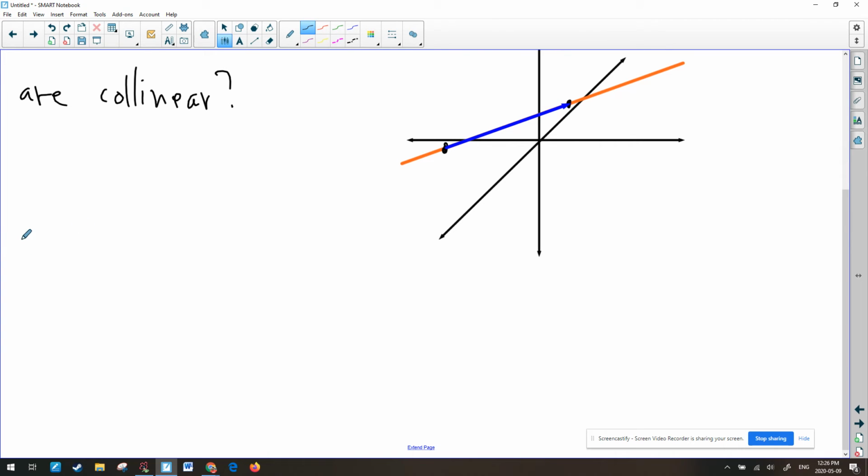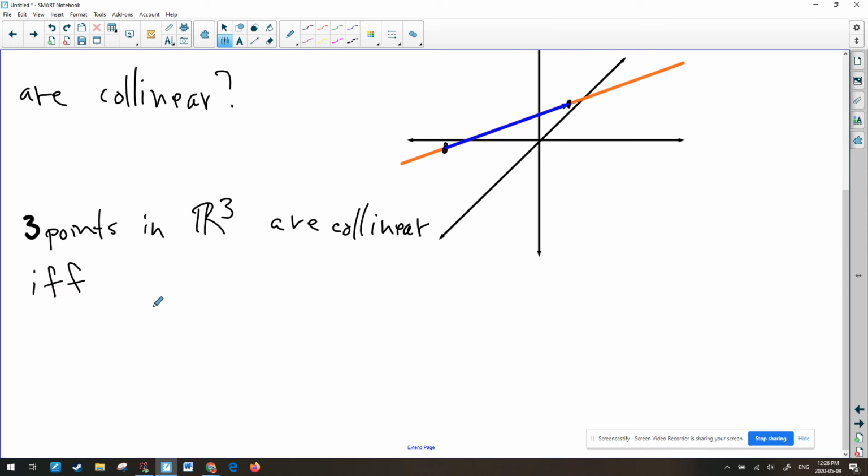Let's think of them. 3 points in R3 are collinear if and only if, the dreaded double if, the vector AB is equal to some scalar multiple of the vector BC.